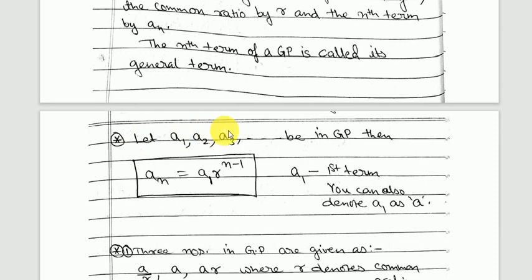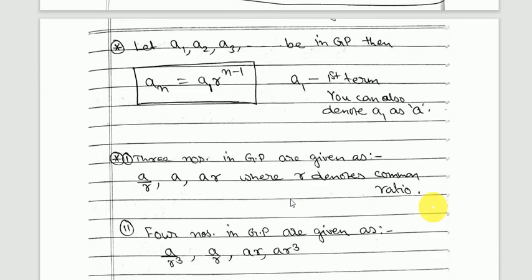So A1, A2, A3 and so on, let it be in GP. Then the nth term will be given as An equal to A1, that means first term. In some books or in examination, they might simply write A. So An equal to A1 into R to the power n minus 1, where A1 is the first term, you can also denote A1 as A.